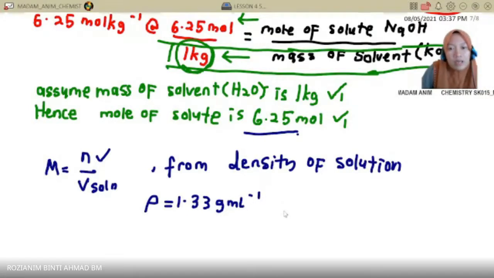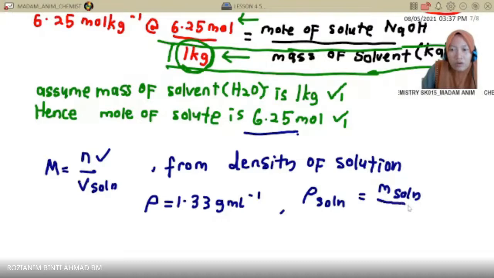So, you know that the meaning of density solution equal to mass solution over volume solution. Okay, kita check data. So sekarang ini density solution ada. Kita nak volume solution. Sekarang ni, how we find out the mass of solution? Macam mana dapat mass of solution?